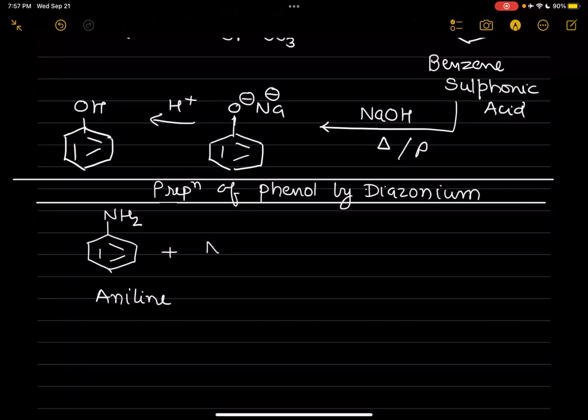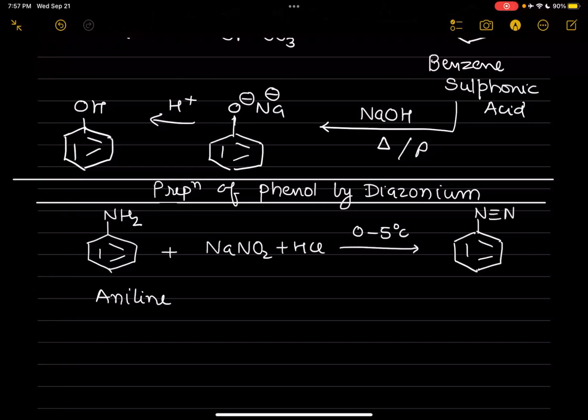When reacted with NaNO2, HCl, under very low temperature, the NH2 group is changed to N2 plus.